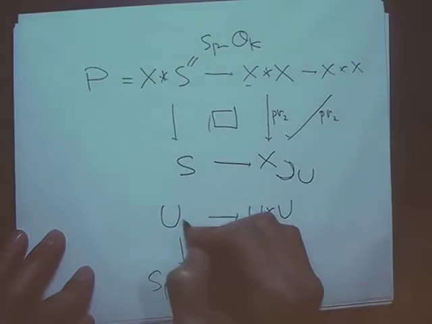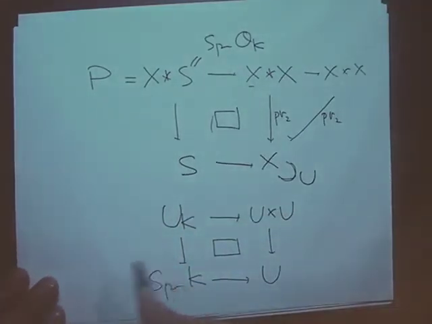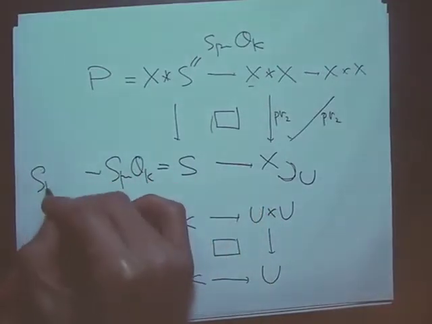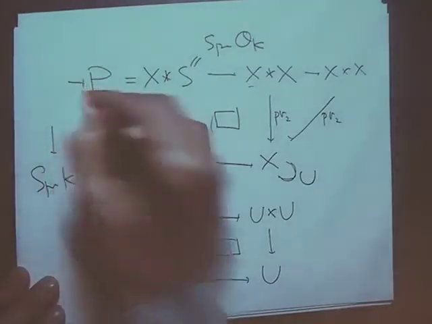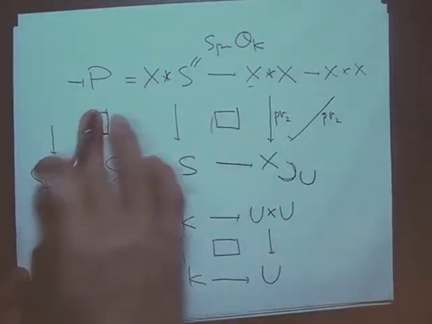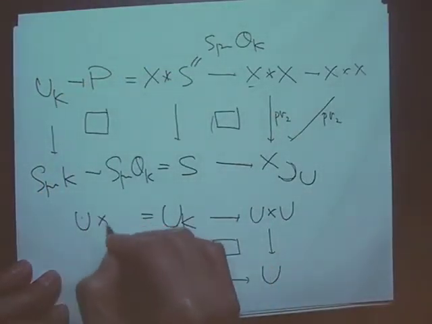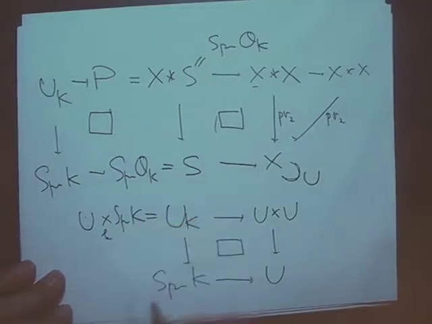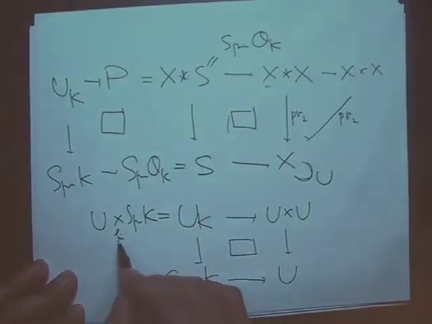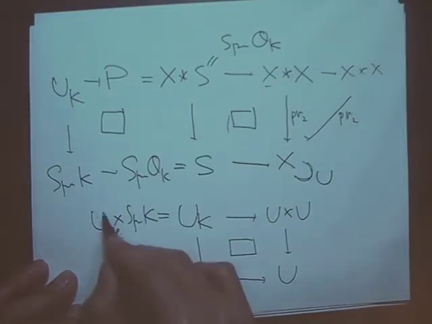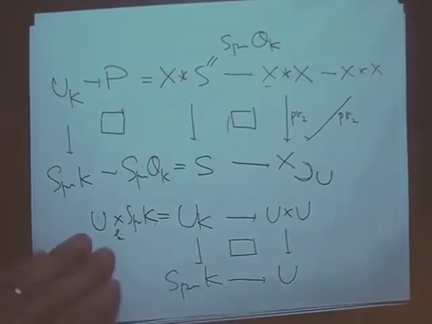So on the generic fiber we have just K. This is the spec of O_K, and we have the generic point, and the generic fiber of P is just the base change U_K. U_K is just U cross_k spec K. So we have a smooth variety over little k, and U_K is just the scalar extension of my variety to the local field.